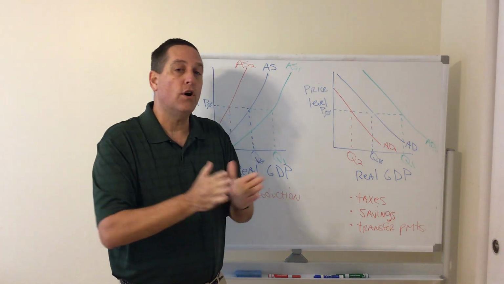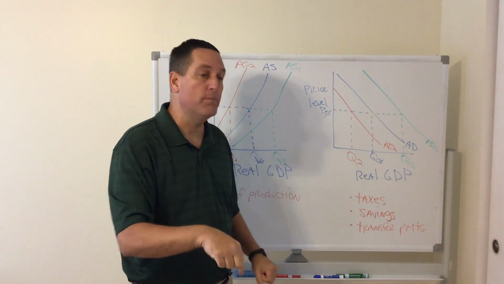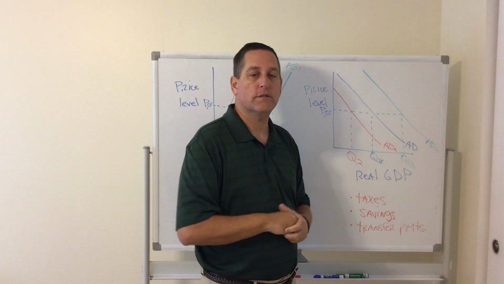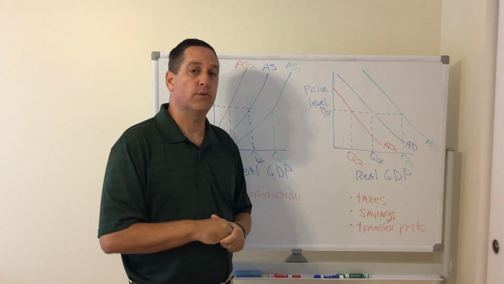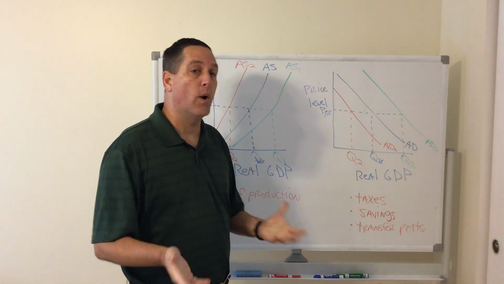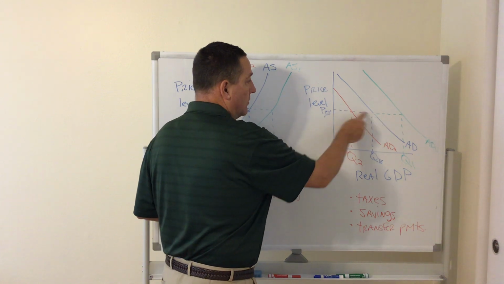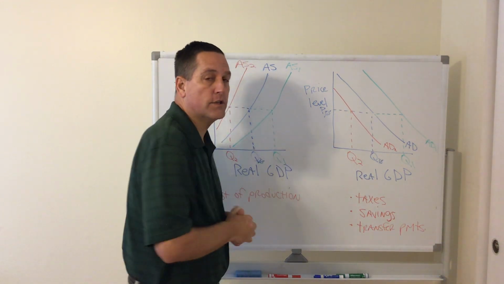So the price of all goods and services stays the same, but because the taxes went down, people have more money. So they're going to buy more goods and services. Obviously, the opposite would be true. If taxes go up, people now have less money, and so they'll buy less goods and services, even though the price of those goods and services is still the same.